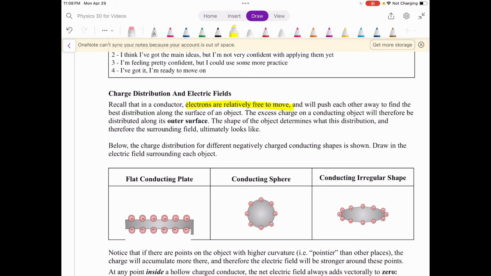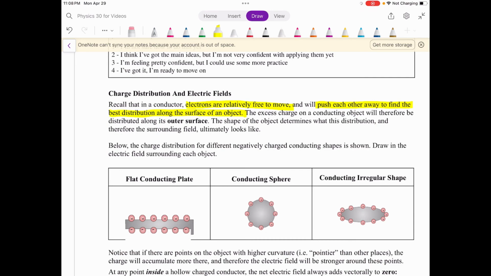If there are excess electrons, they're going to want to get away from each other, and if they're free to do that, they will. They'll spread out, pushing each other away to find the best distribution along the surface of an object. Like charges repel. So if you have a bunch of extra electrons on a sphere, for example, they're going to spread out to the edges of the sphere.